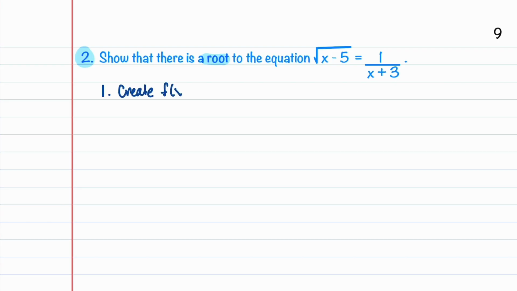f(x). Because we want to find a root to this equation, our function f(x) is going to correspond to f(x) equal to 0. So if we go up here and look at our equation, we can write this as the square root of x minus 5 minus 1 over x plus 3 is equal to 0.